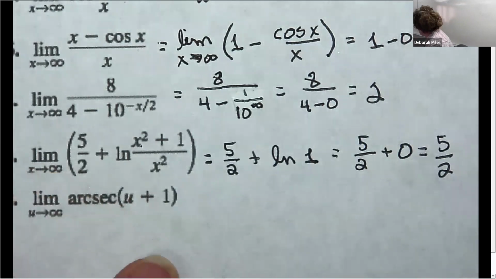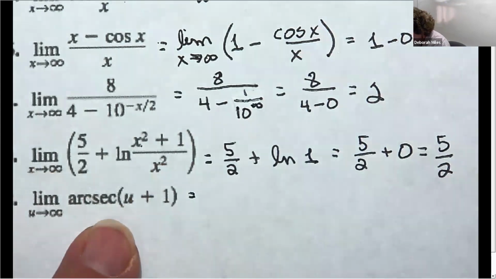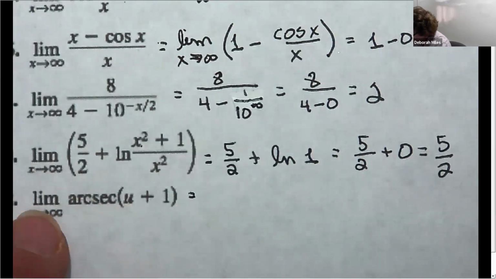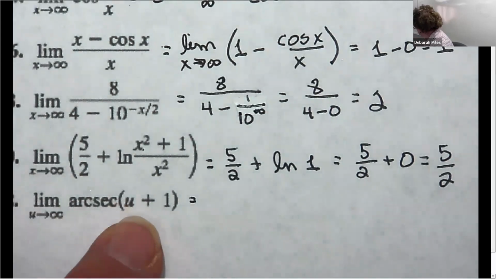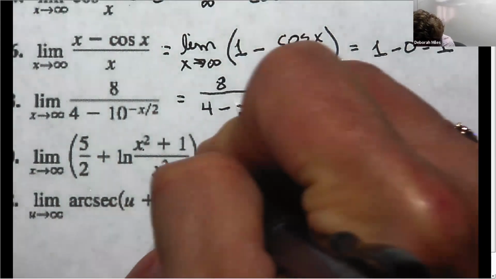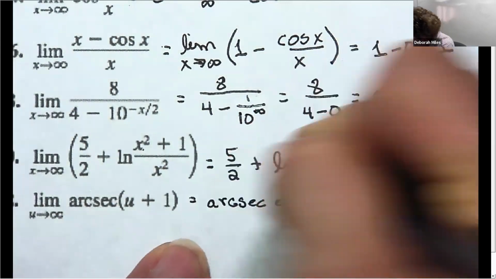Woo, one more. Don't worry. The limit as u goes to infinity of arcsecant of (u plus 1). Well, I know that infinity plus 1 is still pretty much infinity. So really this is just arcsecant of infinity.